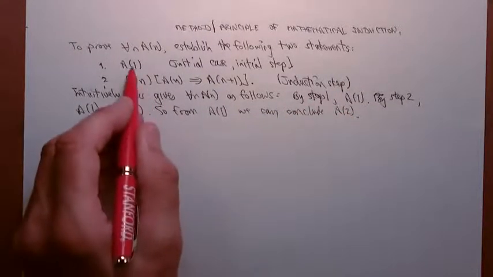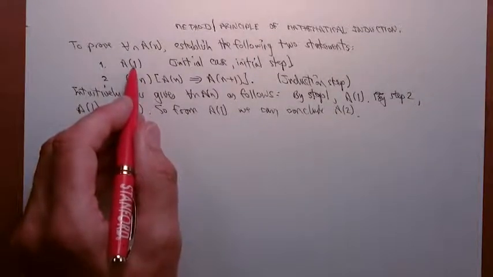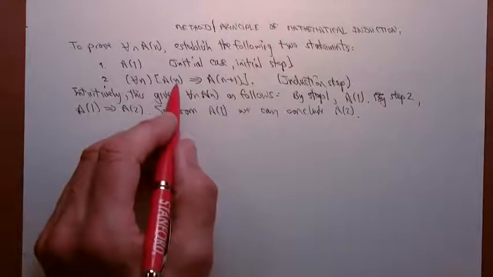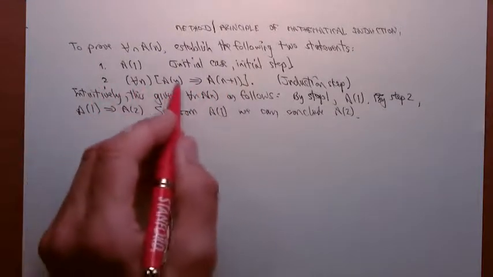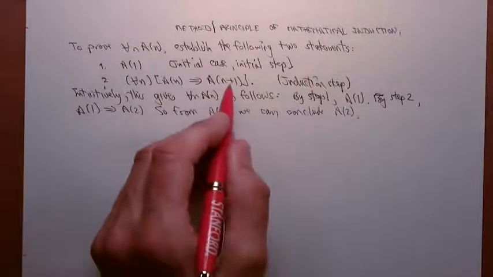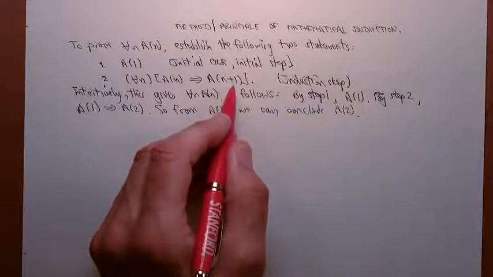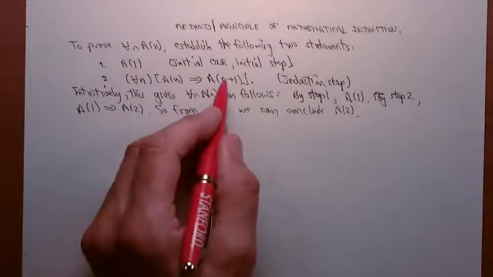Okay, we begin by proving the initial step. So if we've proved A of 1, then we know that one's true. We can now apply the induction step in the special case where n equals 1. And having proved this, if we have A of 1, we can conclude A of 2. Then we can do the same thing again. Once we've got A of 2, we can put the 2 in here and conclude A of 3.